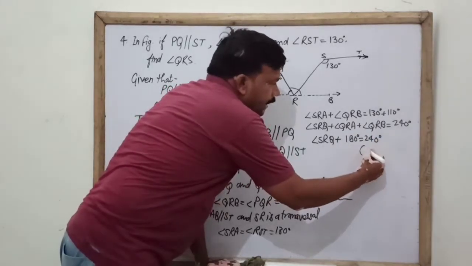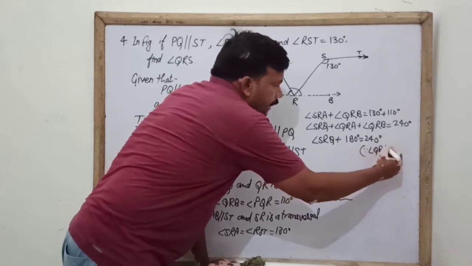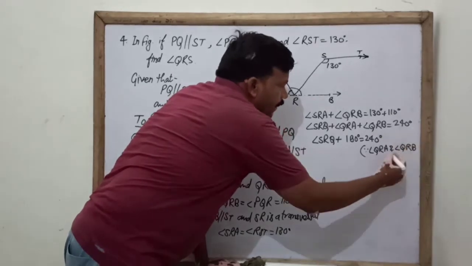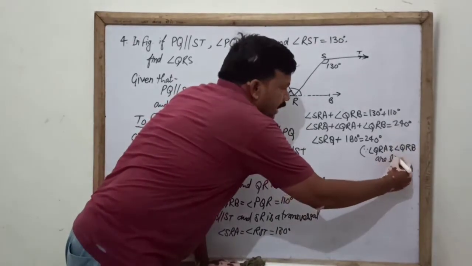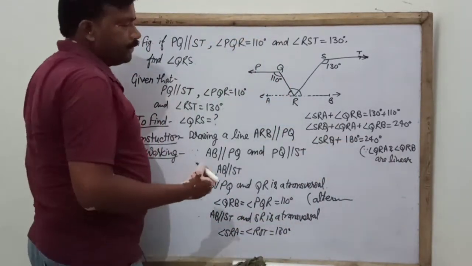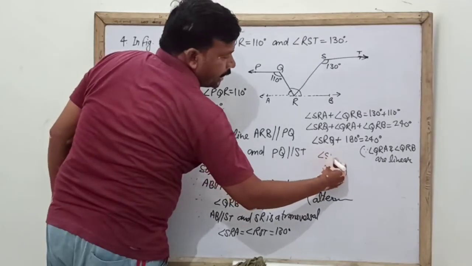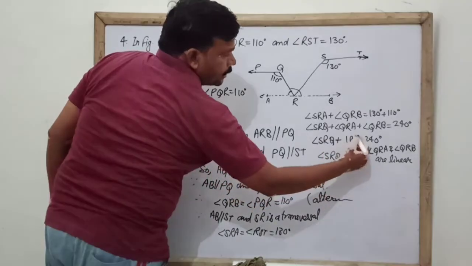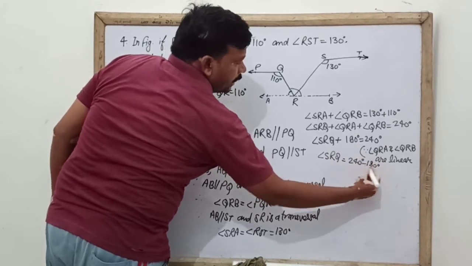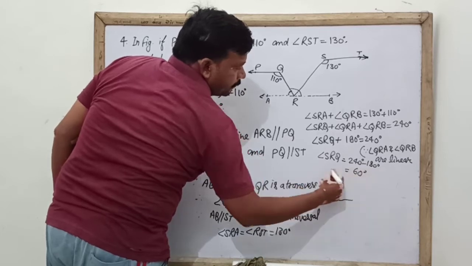We can write here, since angle QRA and angle QRB are linear pair, by linear pair axiom the value of these two is 180. Then angle SRQ equal, transferring it to that side, 240 minus 180 degree means the value is 60 degree.